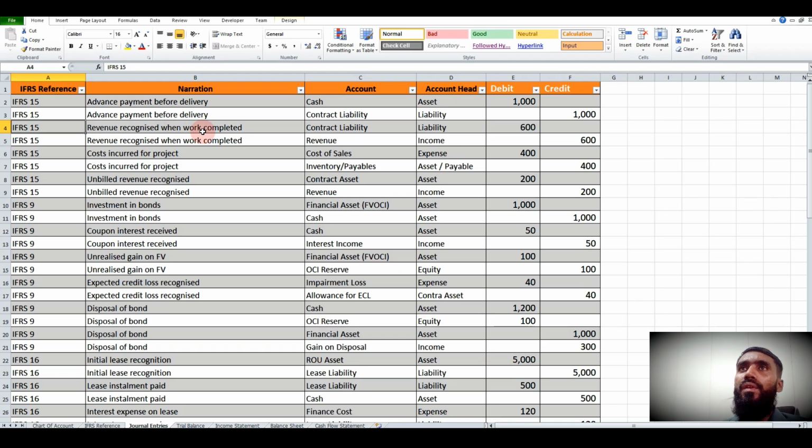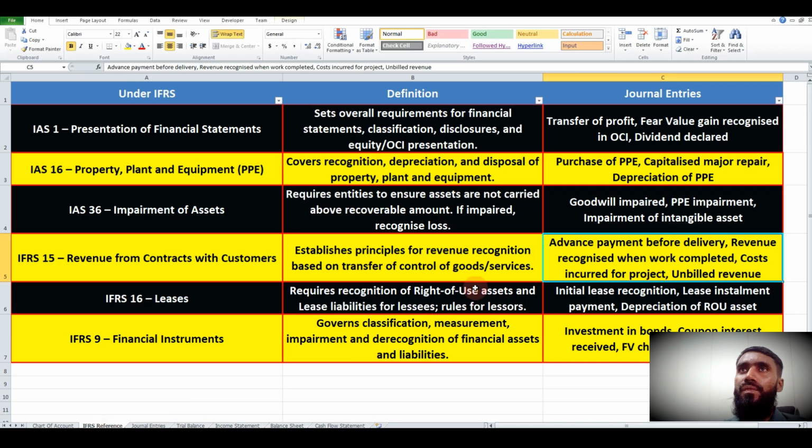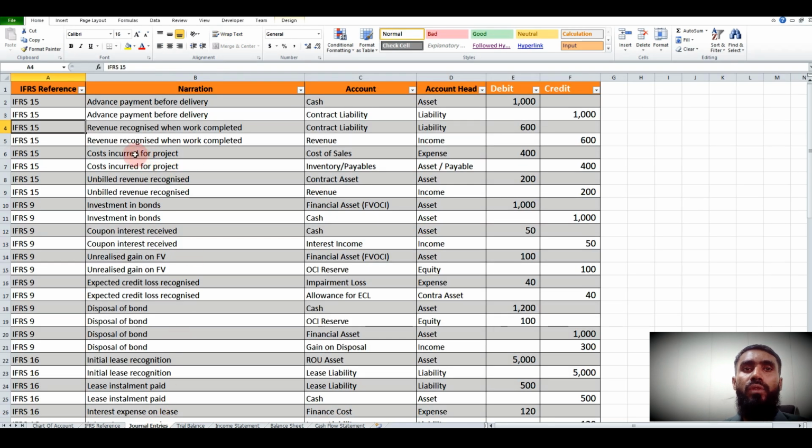The other entry is IFRS 15, revenue recognized when work is completed. It's also an IFRS 15 rule entry, because the standard establishes principles for revenue recognized based on transfer of control of goods and services.